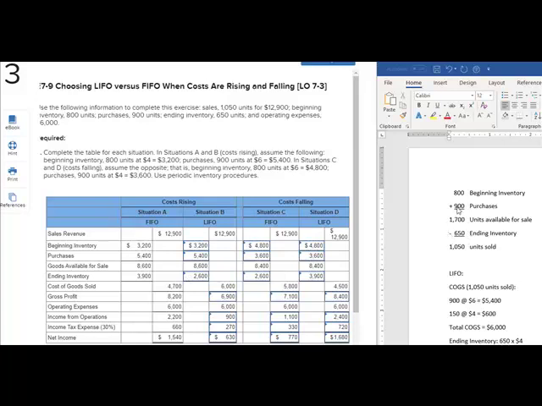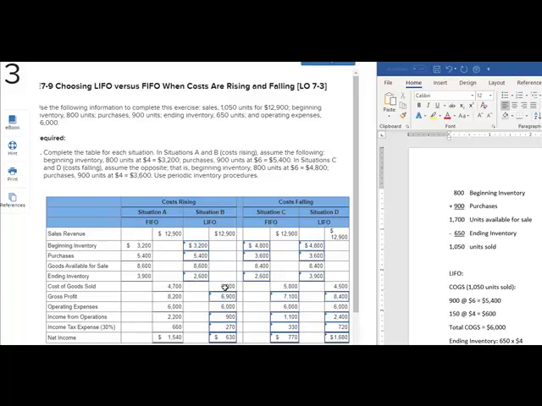Remember that we sold all the 900 that we purchased, plus 150 of these. So the remaining 650 were all units from our beginning inventory, which cost us $4. And when we multiply that out, that's how we get our 2,600.